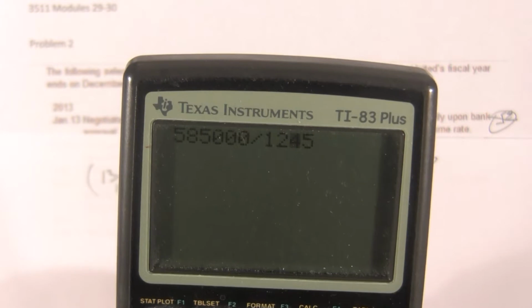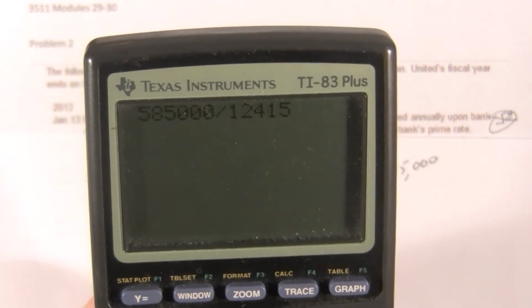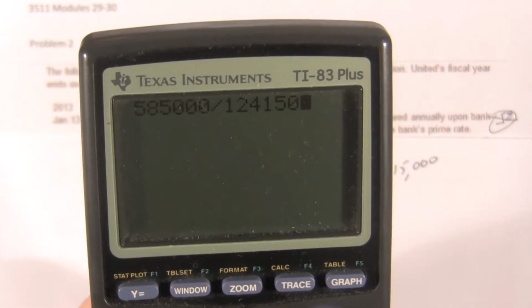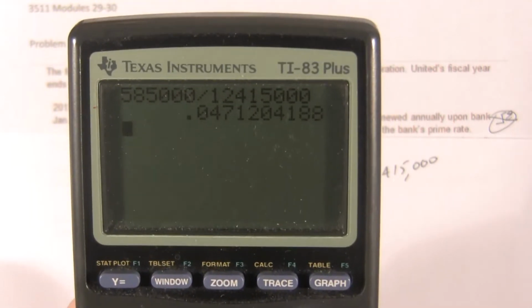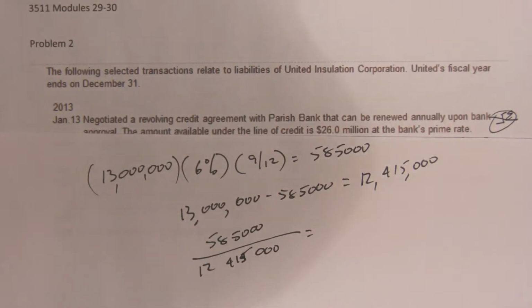I'm doing this backwards. I have to take the 585 and divide it by the 12,415. I'm doing it the wrong way around.